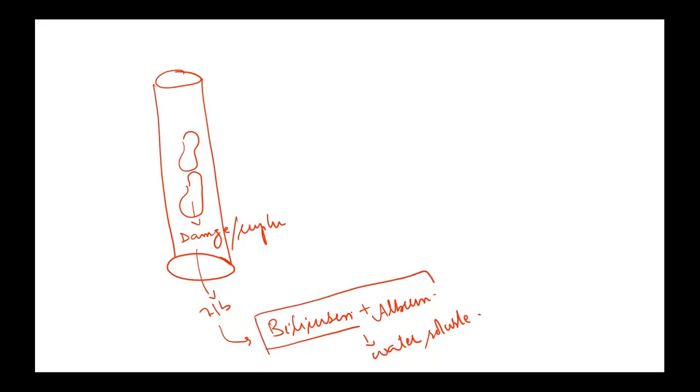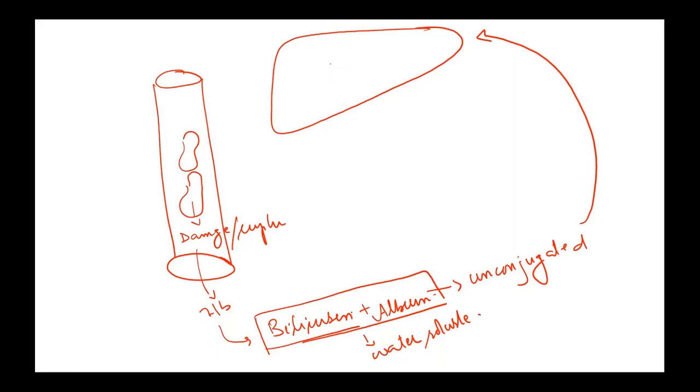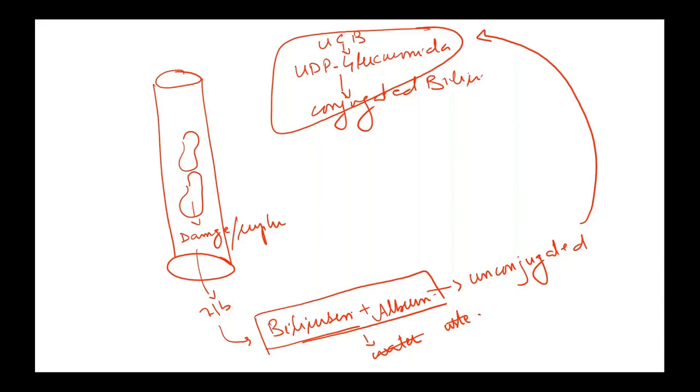But this bilirubin plus albumin will be unconjugated. This unconjugated bilirubin will go to the liver, and inside the liver there is an enzyme called UDP glucuronidase, which will convert unconjugated bilirubin to conjugated bilirubin.